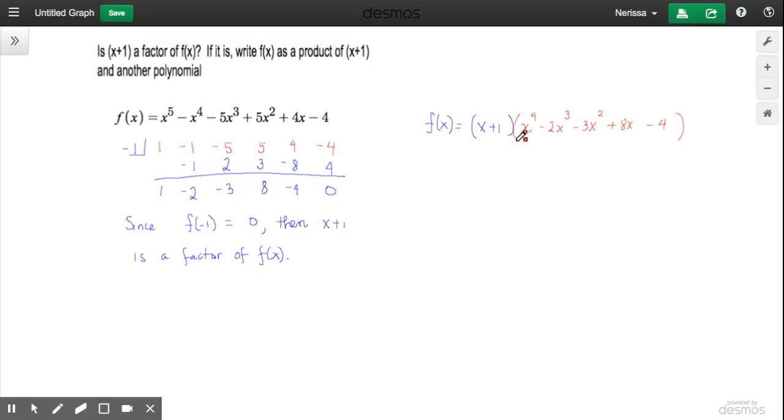If we multiply these two together, we're going to go back to x to the fifth minus x to the fourth minus 5x cubed plus 5x squared plus 4x minus 4. We can double check that by multiplying, by making our box. So we'll make a 5 by 2 box. So let's double check. We just want to check if that's correct.